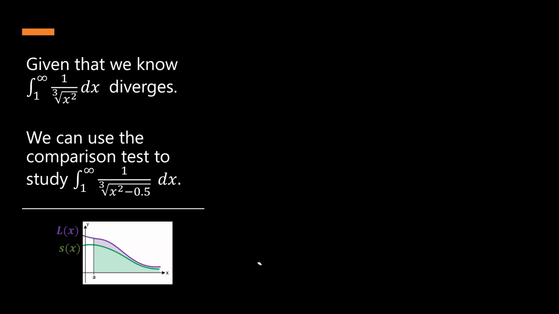Now, how do we use it? Given the fact that we know that this right here diverges, and you'll recall the integral of 1 over x to the p power, if p is less than or equal to 1, then it diverges, okay?